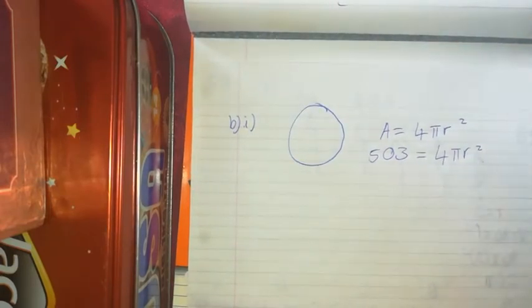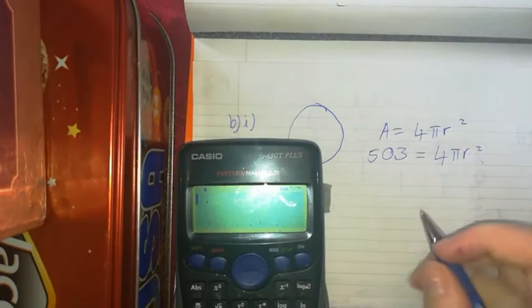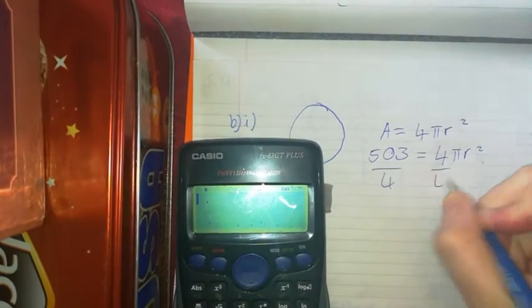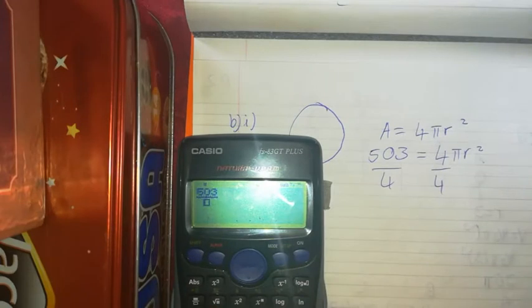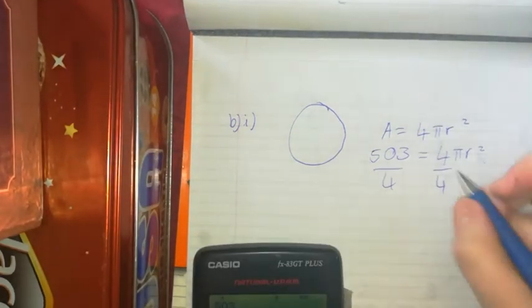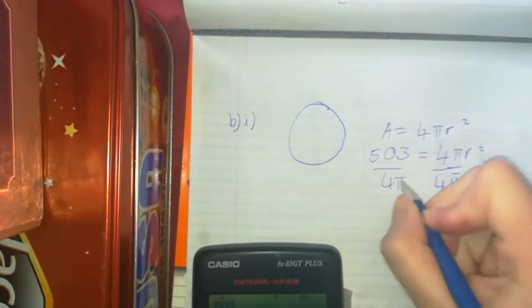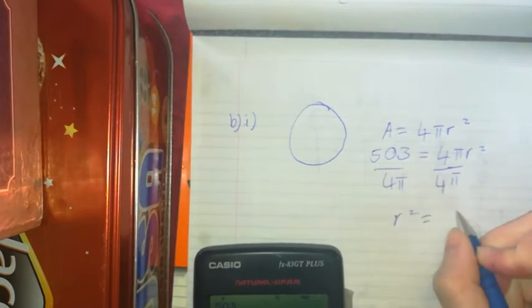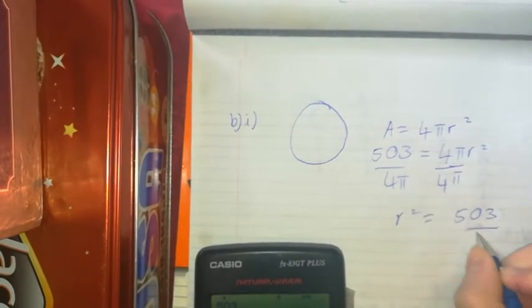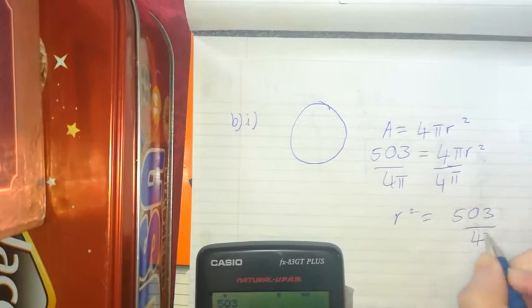So I can get the radius from this. I can divide both sides by 4 pi, so r squared is 503 over 4 pi.